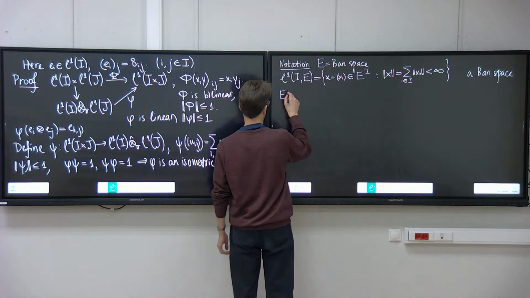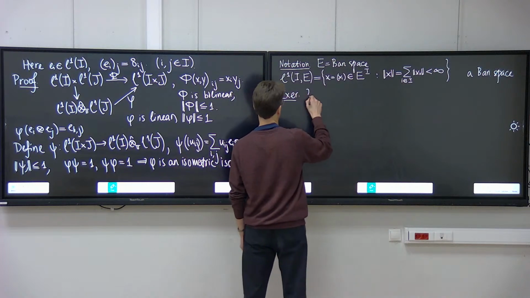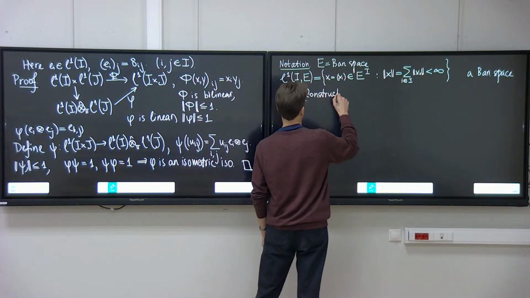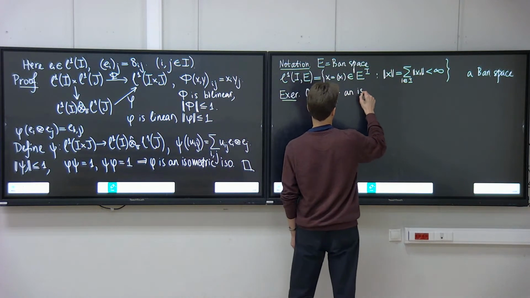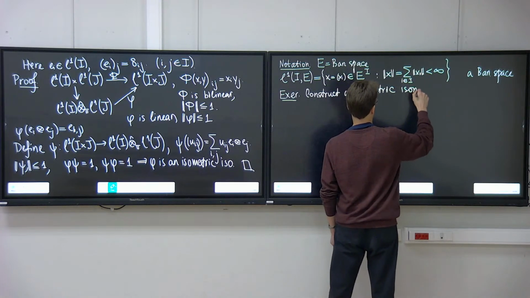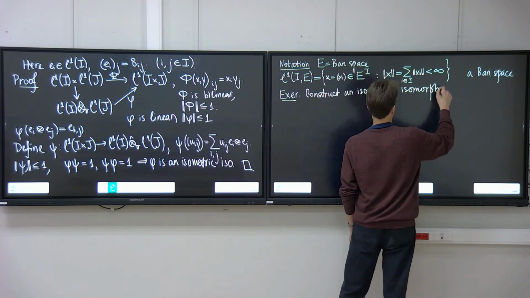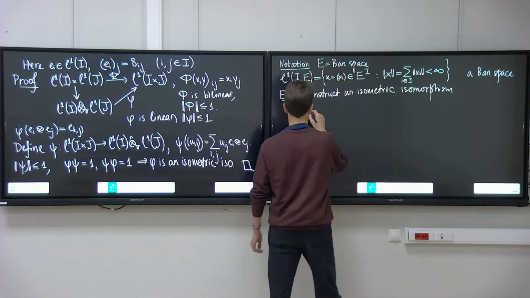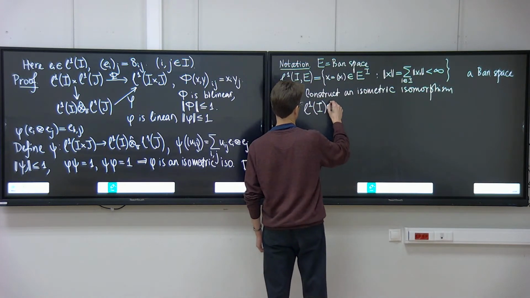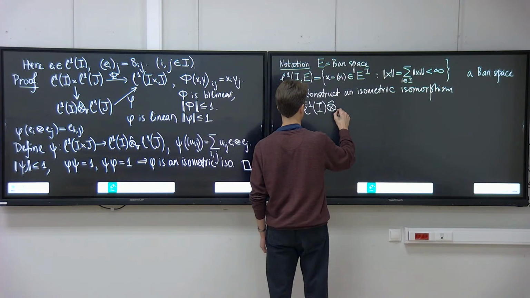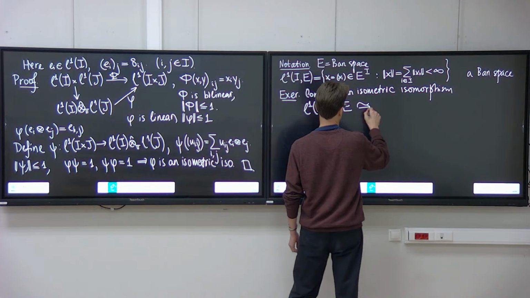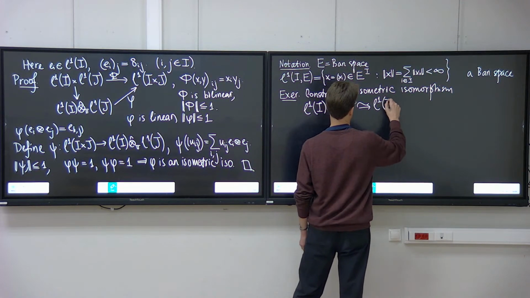A useful exercise is to construct an isometric isomorphism between the complete projective tensor product of L1 of I and E, and this E-valued L1 space.